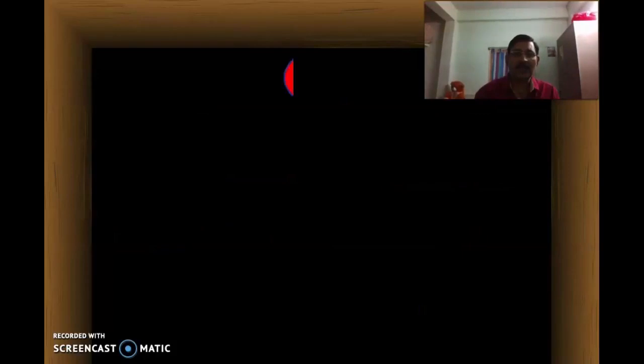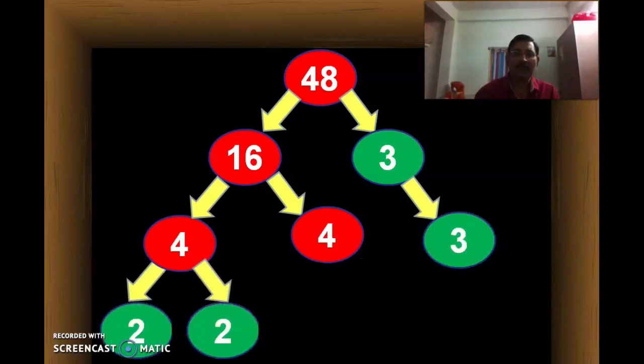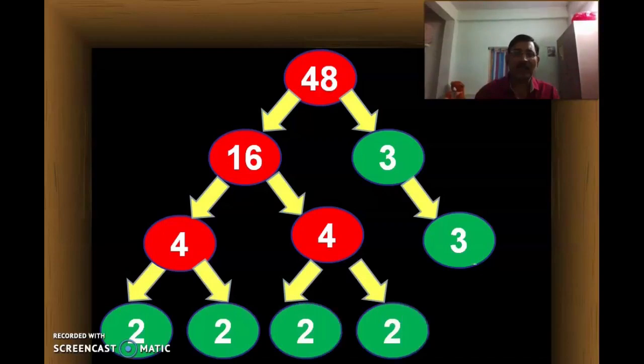Consider the prime product. First we consider 48. 48 can be written as the product of 16 and 3. And of course 3 is a prime number. 16 can be further written as the product of 4 and 4. And again each 4 can be expressed as the product of primes 2 and 2.